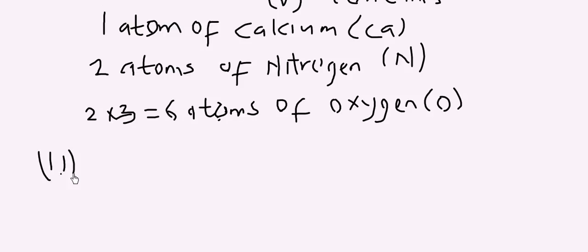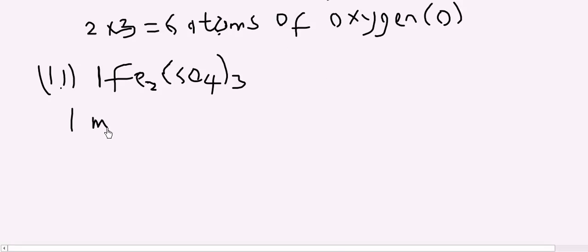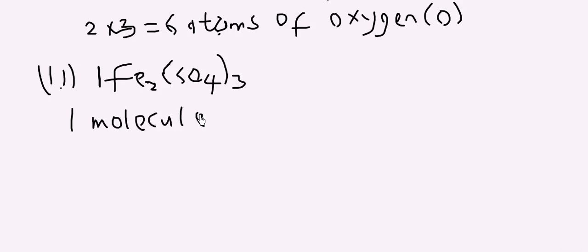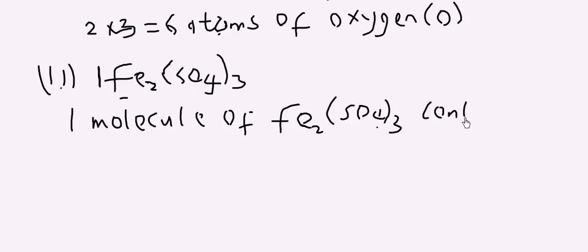We'll go to our next example, which is Fe2(SO4)3. So this is one molecule of Fe2(SO4)3, iron tetraoxosulfate 6. So we have that one molecule of Fe2(SO4)3 contains, so we have iron here now, Fe2.